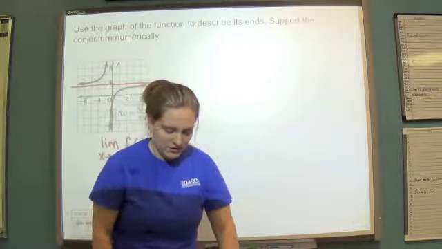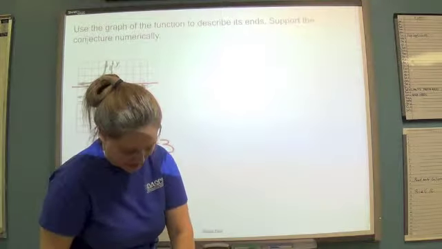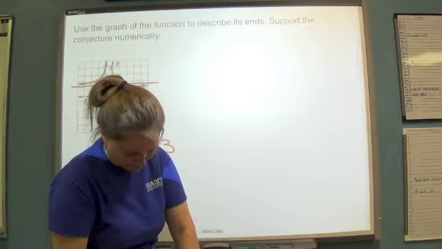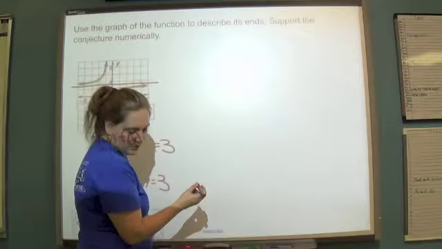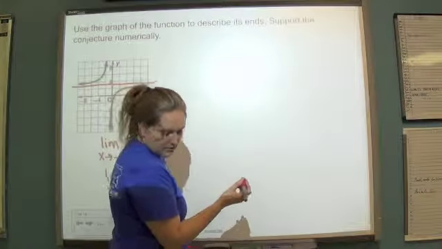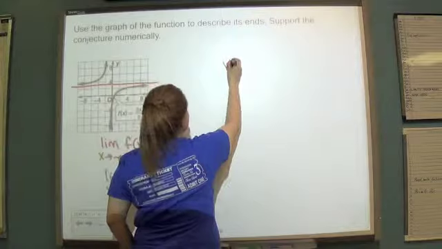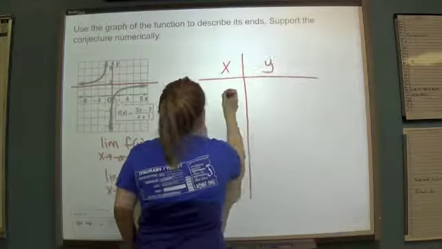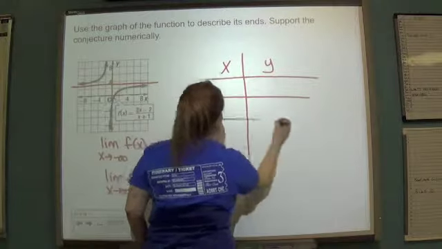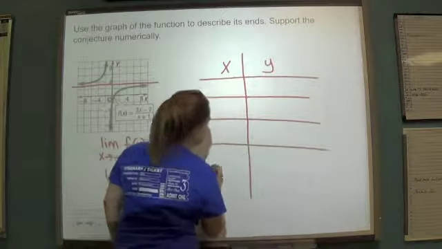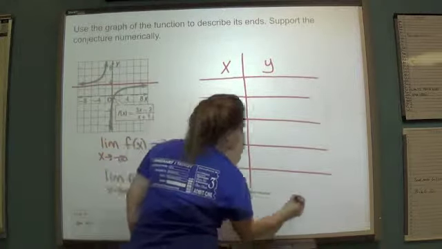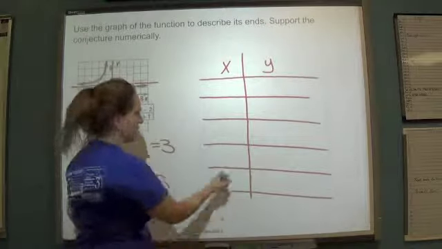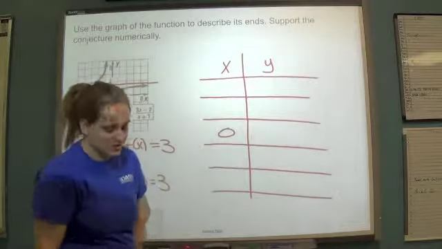Now, if I want to make a table, let's do the table. I'll try to do it this way, maybe you can read it better. I'm going to use 0 as my middle ground again, because 0 is really easy as a middle ground.